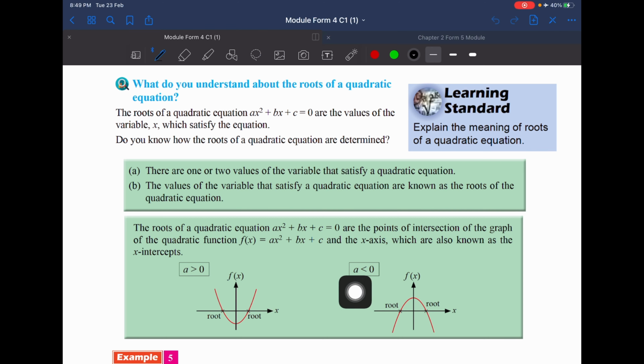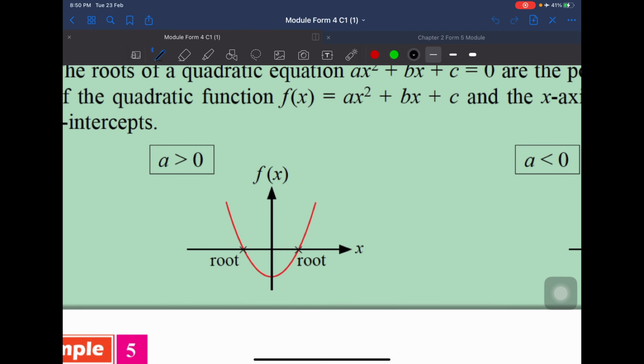Kalau kita ada a is less than 0, so you have a maximum graph, ataupun graph yang sedih ataupun masam. If you take a closer look at this picture, nampak tak yang garis merah ni? It cross our x-axis at 2 points. So actually these two things is what we call root.